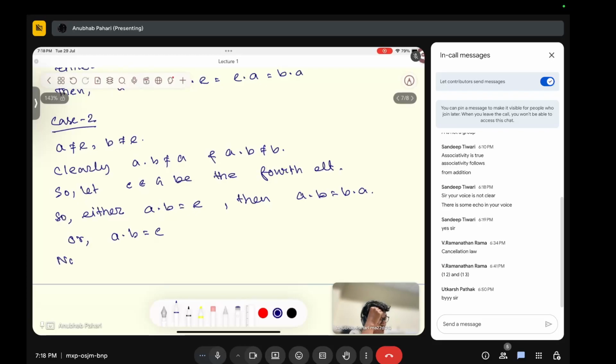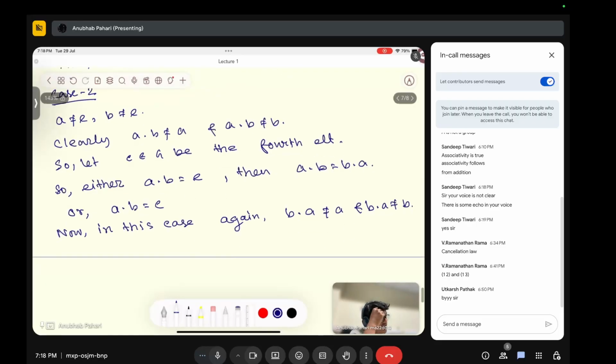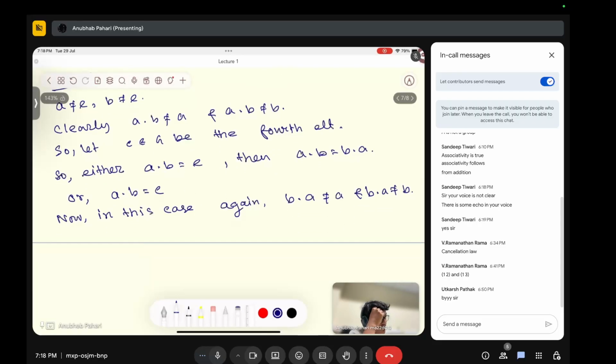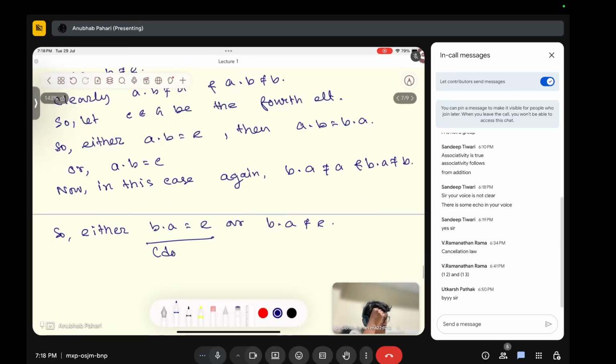Now, in this case, again, B dot A is not equal to A and B dot A is not equal to B. So either B dot A equals E or B dot A is not equal to E. So for the first case, done.